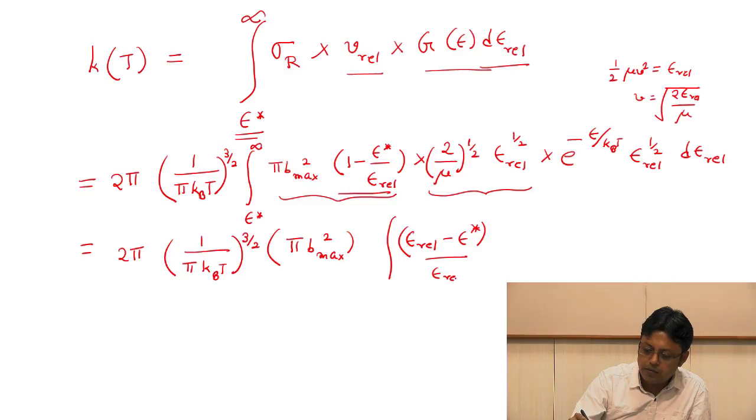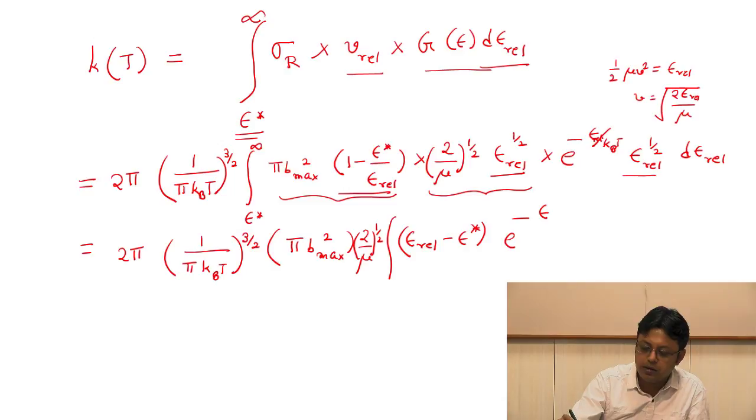But then I also have epsilon relative to the power half and epsilon relative to the power half, which give me epsilon relative, so that cancels with this epsilon relative. And then I have the square root of 2 by mu, and inside I have e to the power minus epsilon relative by kBT, because I'm writing the distribution function also in the relative coordinate, d epsilon relative.